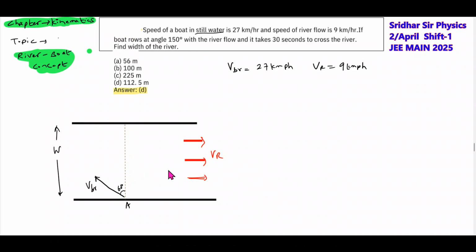So how to calculate the width of the river? He has given the time taken to cross the river, but he didn't say whether it is the shortest path or shortest time. Shortest time is not possible because it is upstream. Shortest path may be possible, that we have to cross-check.